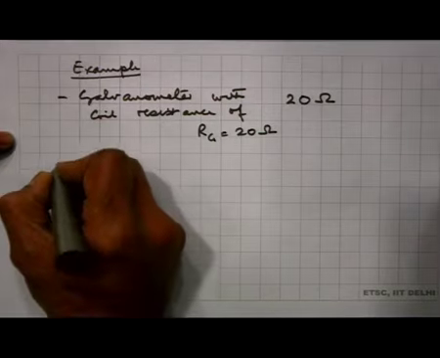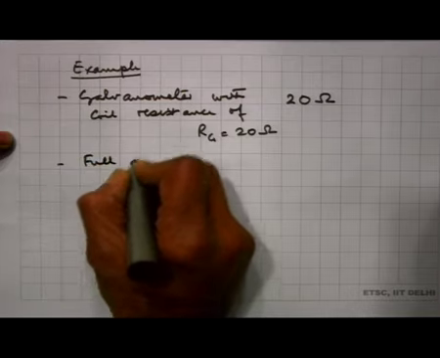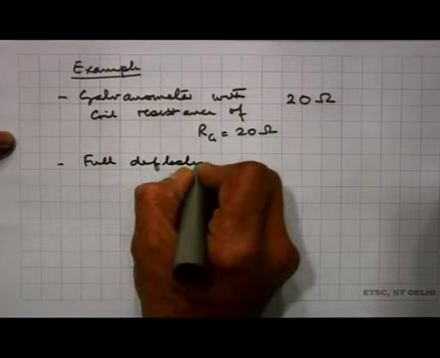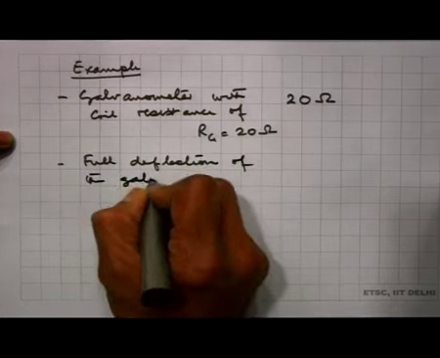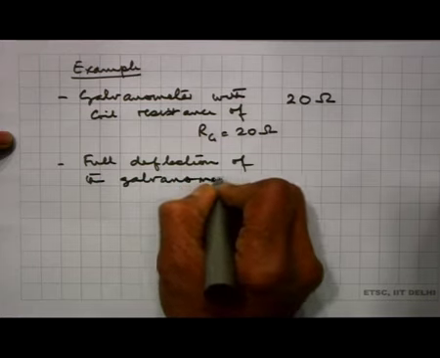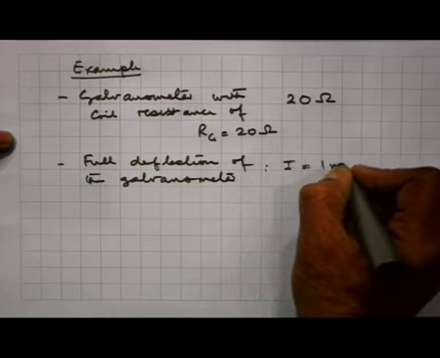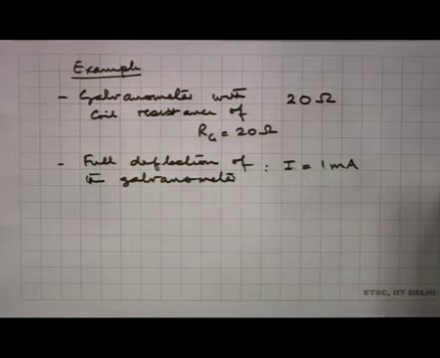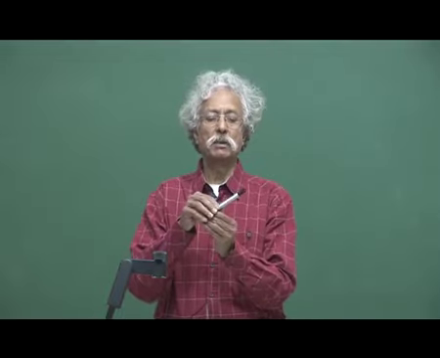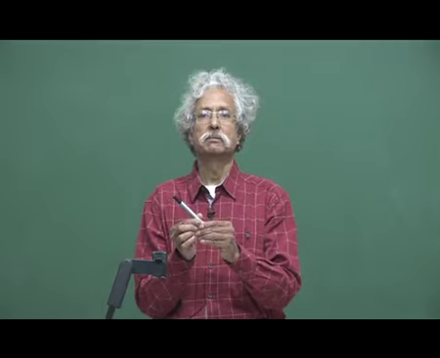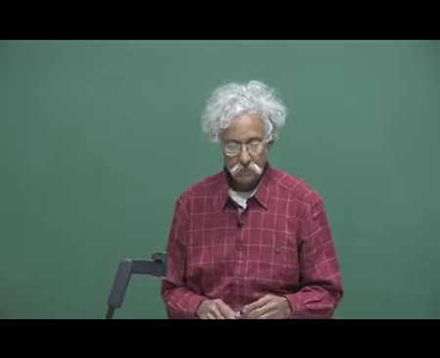That is given to me, and I also know that full deflection of the galvanometer takes place for I is equal to 1 milliampere. So, what it implies is if 1 milliampere passes through the galvanometer, the needle goes from the 0 position to the maximum position. So, the maximum current I can pass through the galvanometer is 1 milliampere.